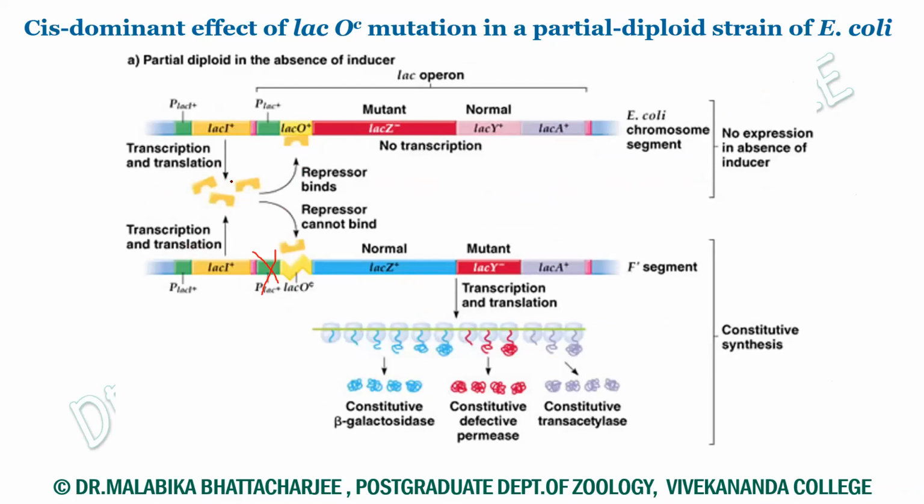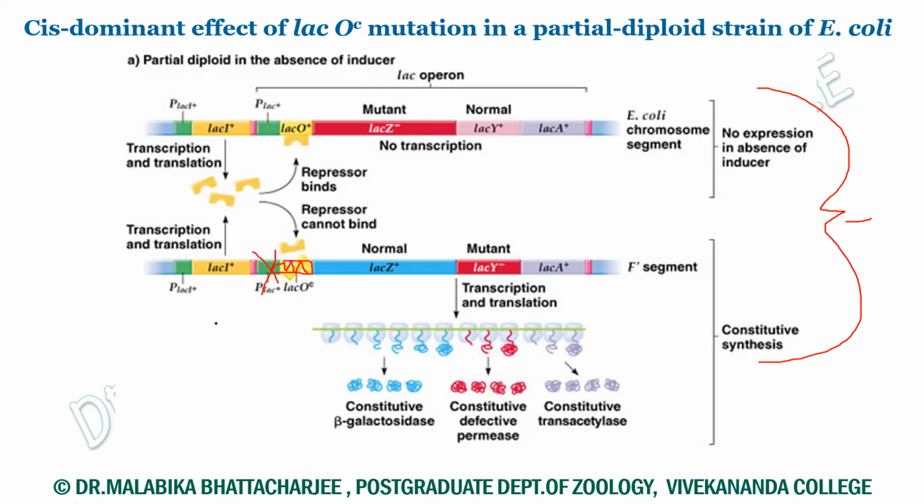In absence of lactose, repressor protein will bind here. And since this operator is normal, the repressor protein will also bind here. So overall, in absence of lactose, no net production of the enzymes. With a promoter mutation, in absence of lactose the operon will behave as normal and will have a no production status.